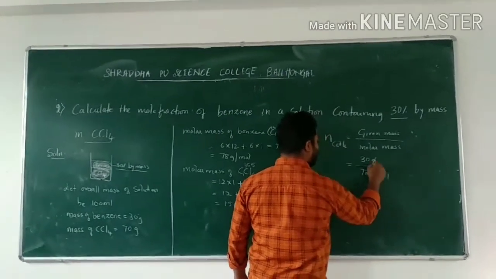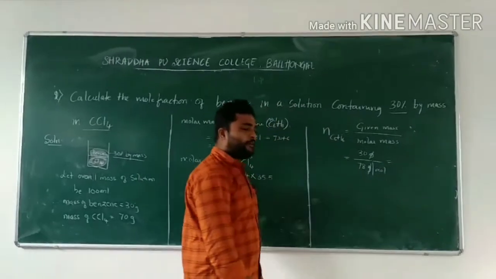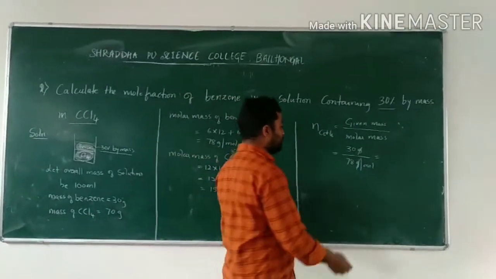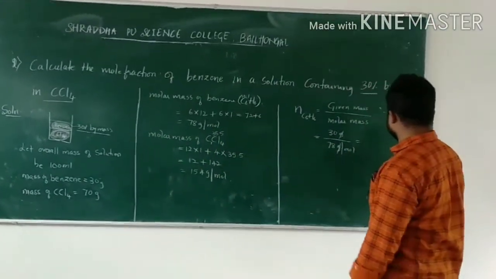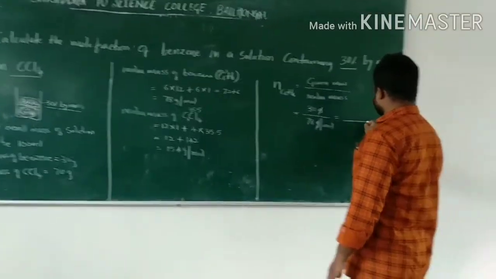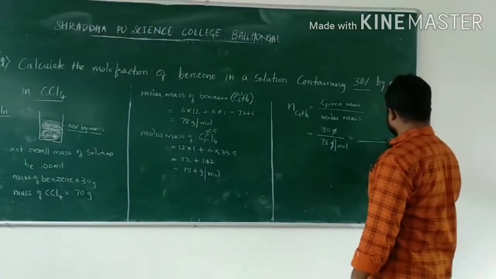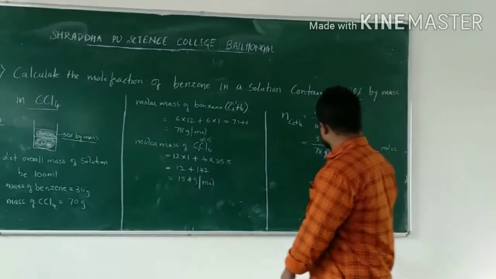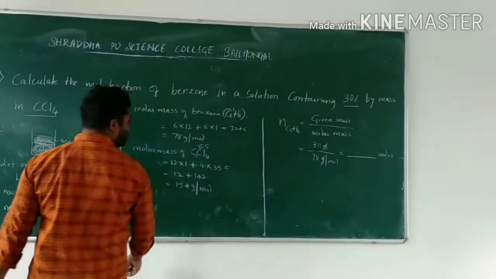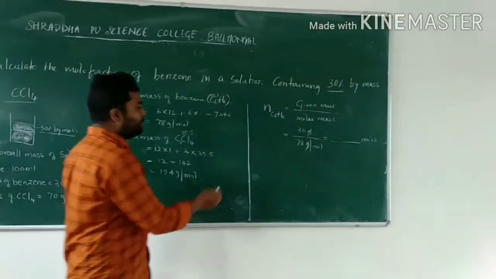So gram and gram will cancel. 30 divided by 78. If you do it using your calculator, you will be getting an answer that is equal to number of moles. That is 30 divided by 78.